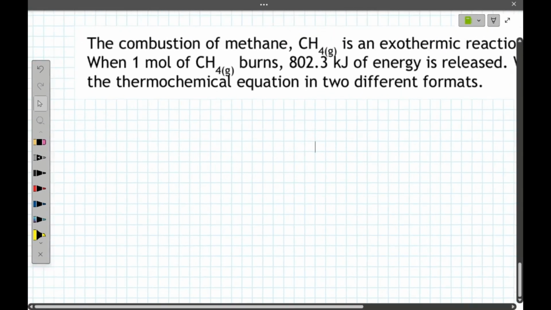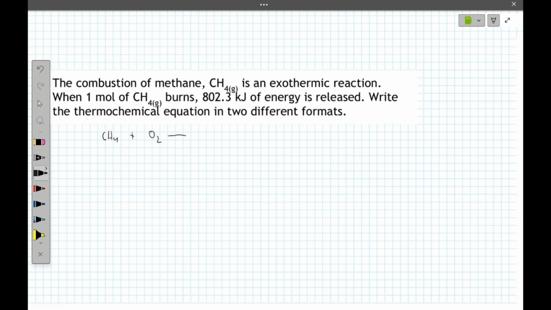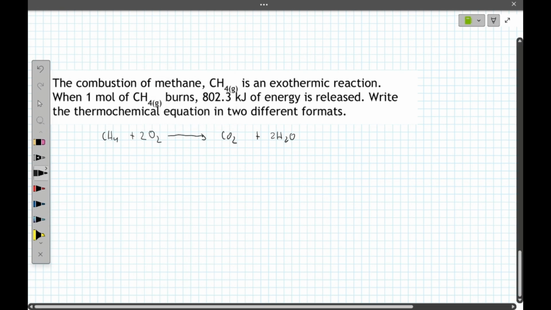Okay, so when combustion happens, CH4, methane, is combusting, so plus O2, and it becomes CO2 plus H2O. And obviously we need to balance this, so we need 2 H2O, 2 O2.